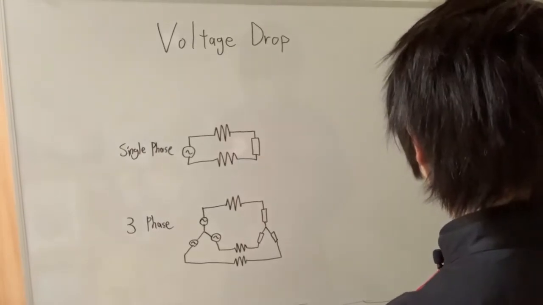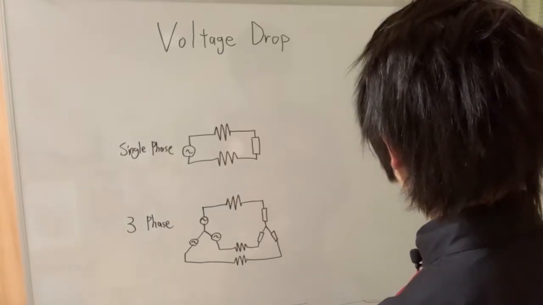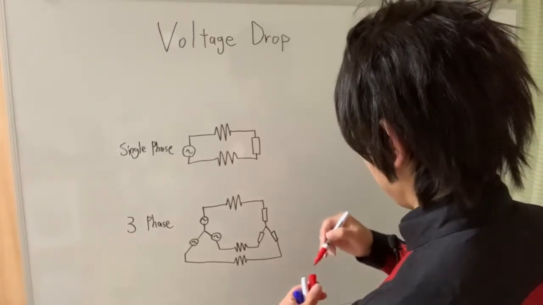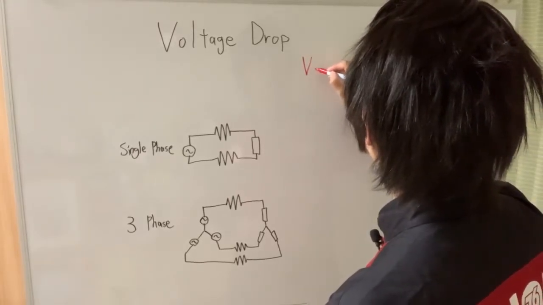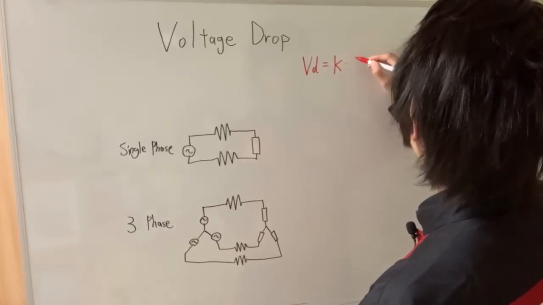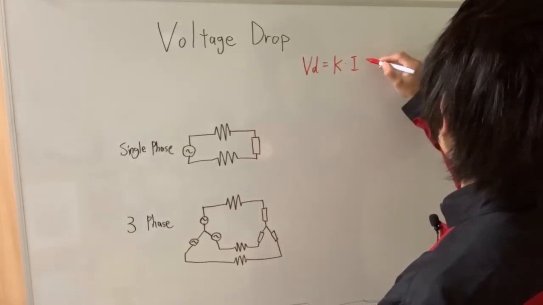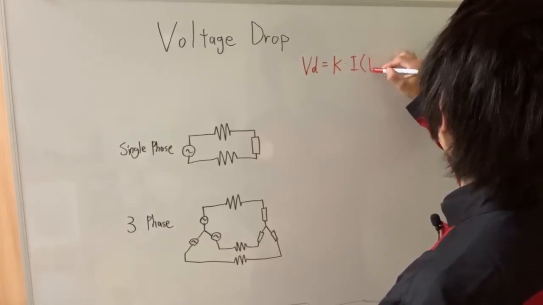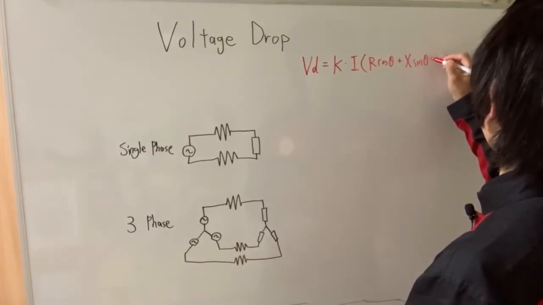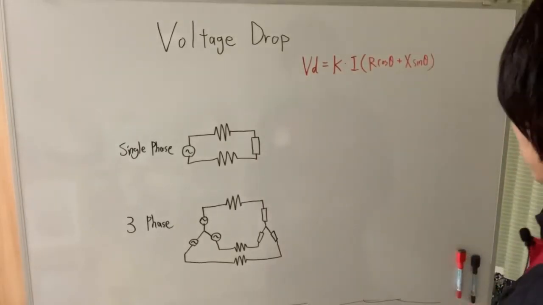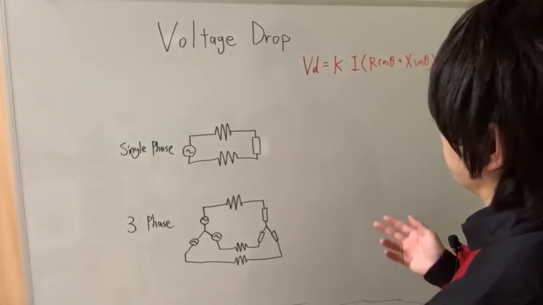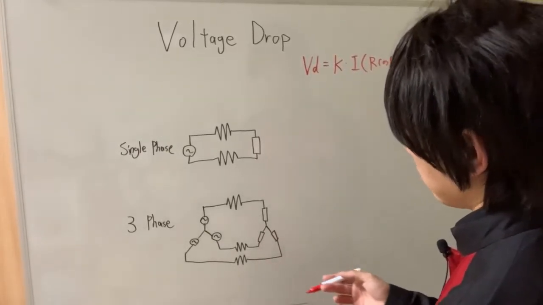In a practical calculation, there are some factors that we need to consider for this equation. The equation VD, voltage drop, equals some factors times R cosine theta plus X sine theta. Some factors as coefficients. The first one is whether the circuit is single phase or three phase.